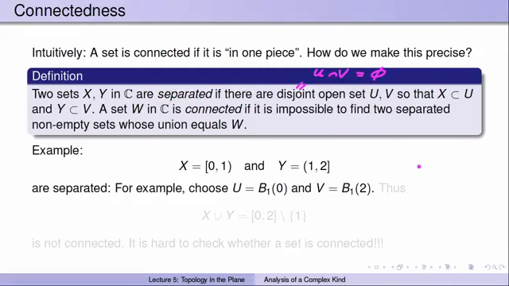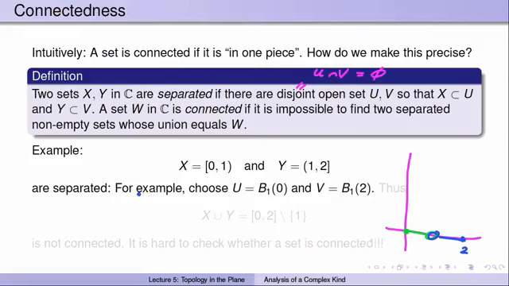Suppose we're looking at the set X, which is the interval from 0, and 0 is included, to 1 with 1 excluded. And Y is the set from 1 to 2, 1 excluded and 2 included.